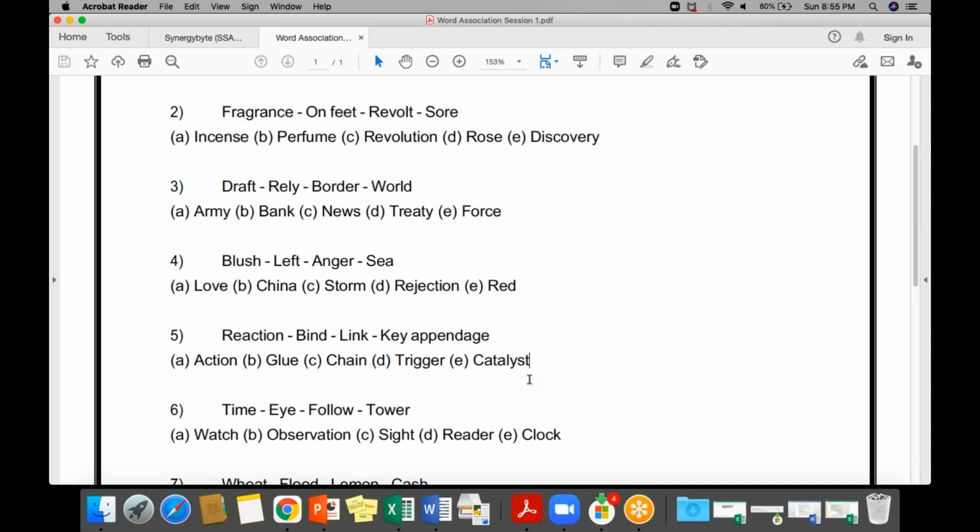Now tell me, how are the words bind and link connected with the word catalyst?